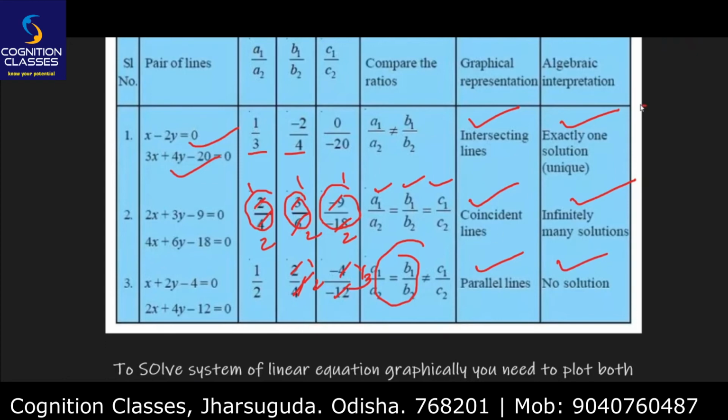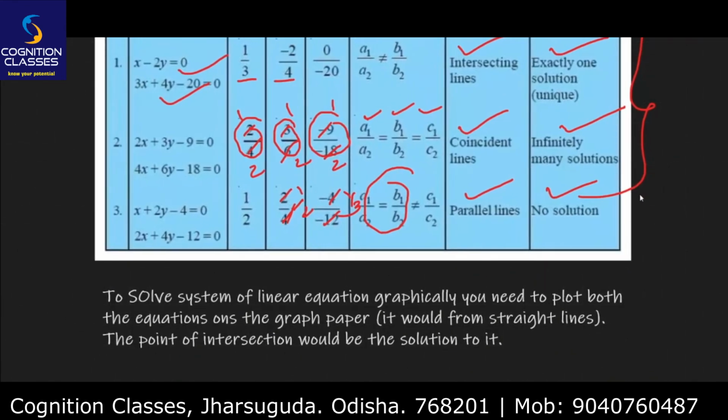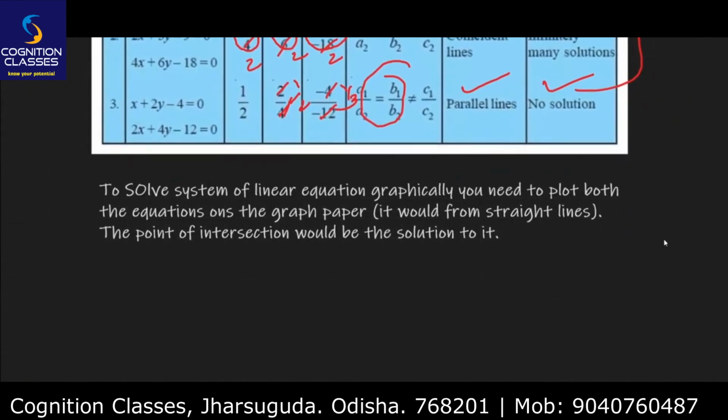So if you remember these three conditions, then just by looking at any given pair of linear equations, you can comment on what type of solution it will have: exactly one solution, infinitely many solutions, or no solutions. So this is how we use the graphical method to solve any given pair of linear equations in two variables.